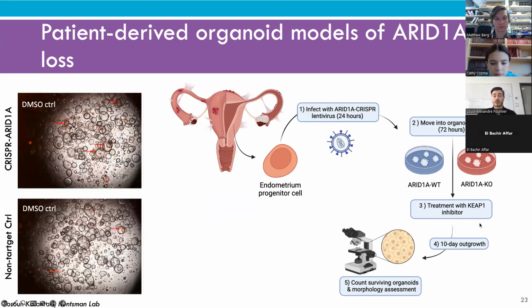They can move these cells into organoid culture where they grow into these nice 3D spheres, as you can see here on the left, and they can track these transduced patient-derived organoids because they glow red using a tdTomato reporter. You'll see arrows on these images that highlight some of these tdTomato transduced organoids, and they can treat these organoids after that with KEAP1 inhibitors to assess survival and morphology.